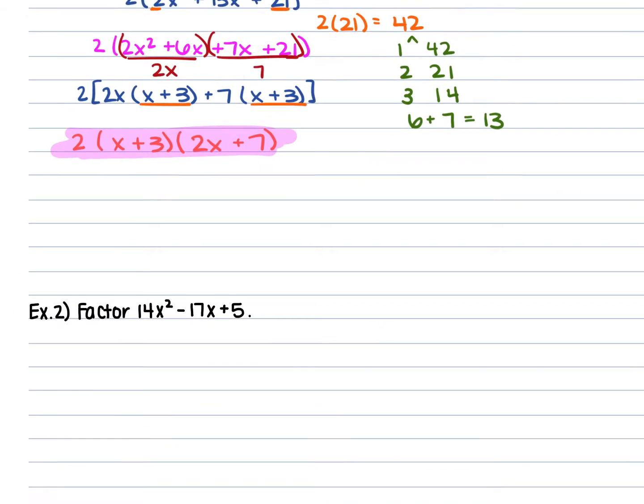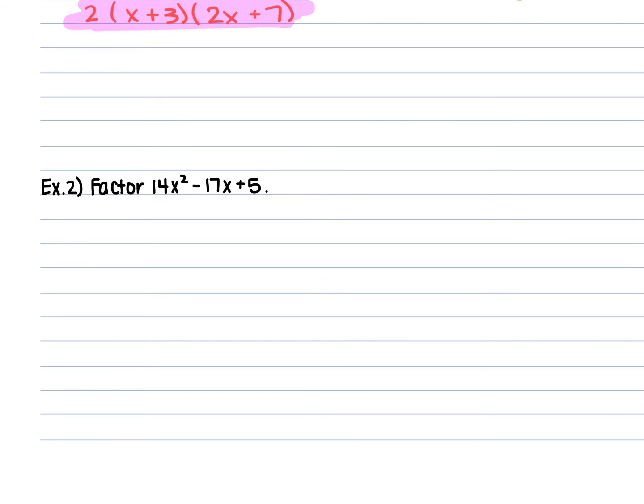If we look at example 2, we have 14x squared minus 17x plus 5. For this one, your coefficients and your constant are 14, negative 17, and 5. These terms do not share a common factor other than 1. So multiply the 14 times the 5, it gives us 70.